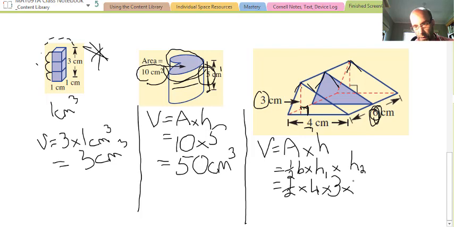And H2 is what we just spoke about, the 6. Okay, so 6 times 3 is 18. 18 times 4 is 72. Half of 72 is 36. So we have 36 centimeters cubed for our total volume. Remember, volume is cubic units.